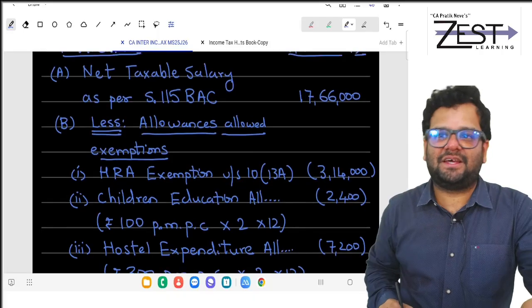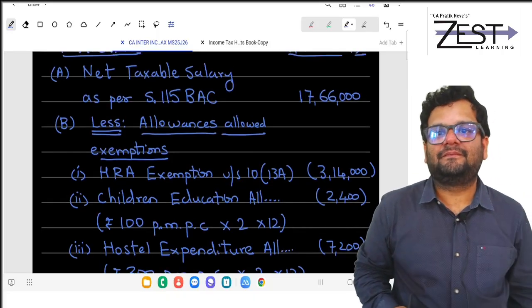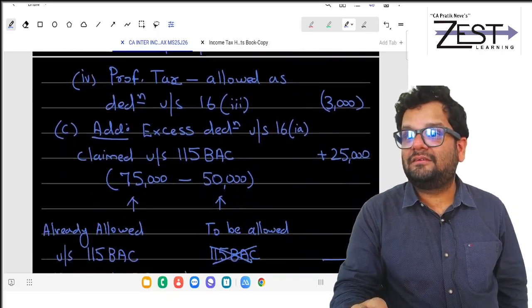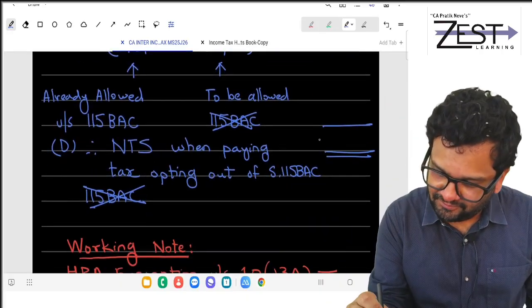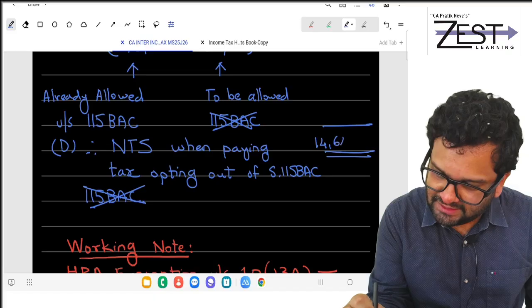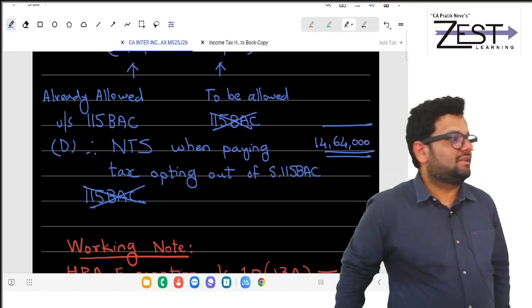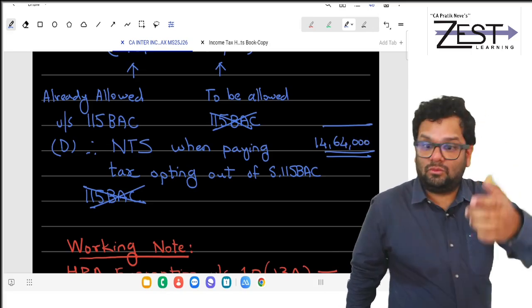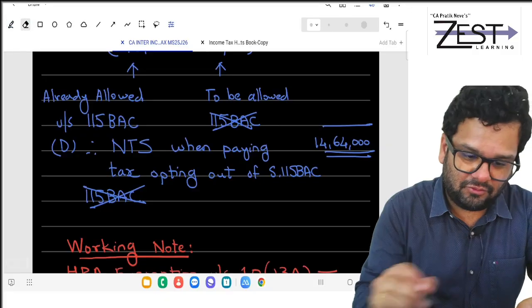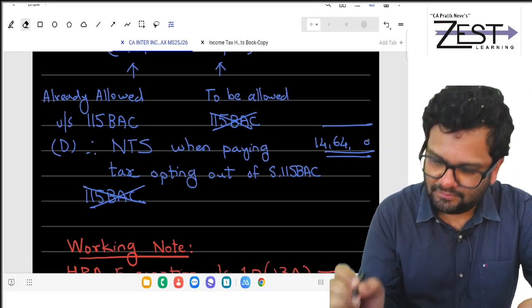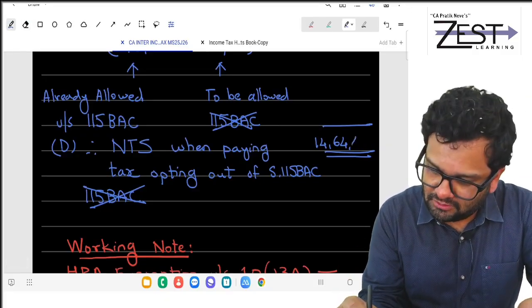And now those who want, they can calculate the net taxable salary. 14 lakh 64,400. Fine. I am not calculating myself.